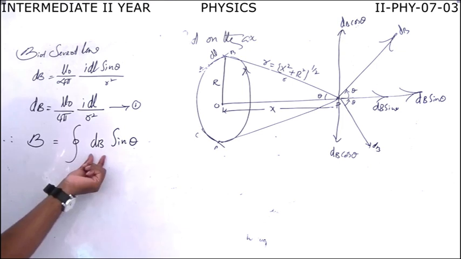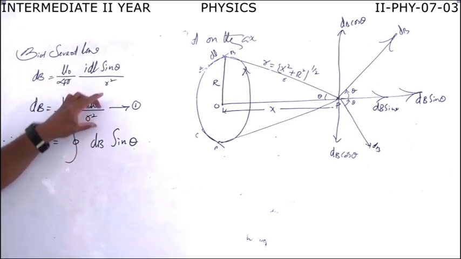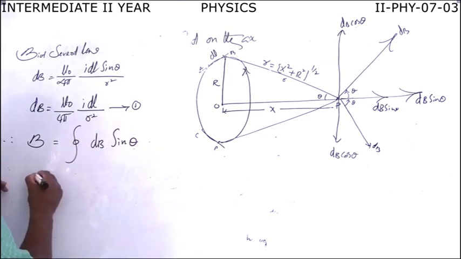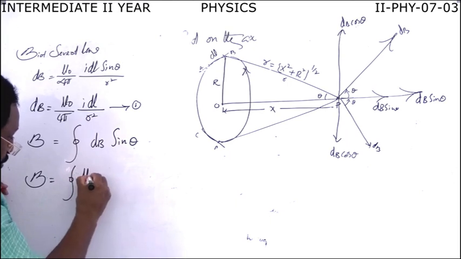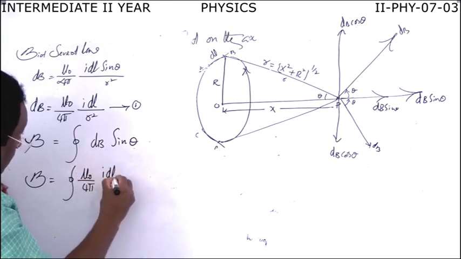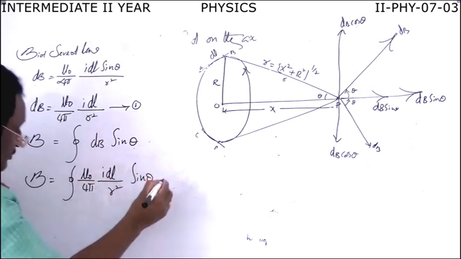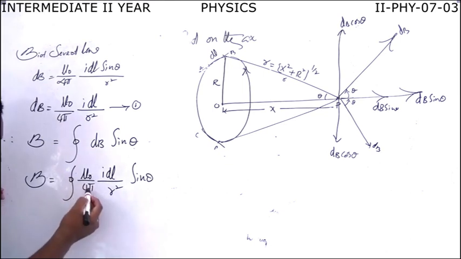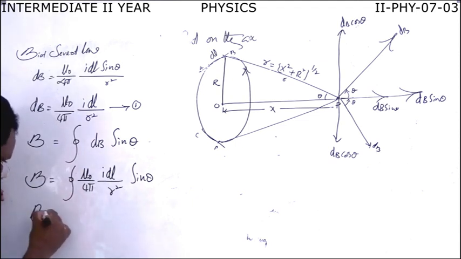Here, what is dB? This is the dB value. Now we substitute the dB value in this equation. B is equal to the line integral of mu naught by 4 pi I dl by r square. Well, here mu naught by 4 pi I by r square is constant, so that is why we write it outside of the integral.